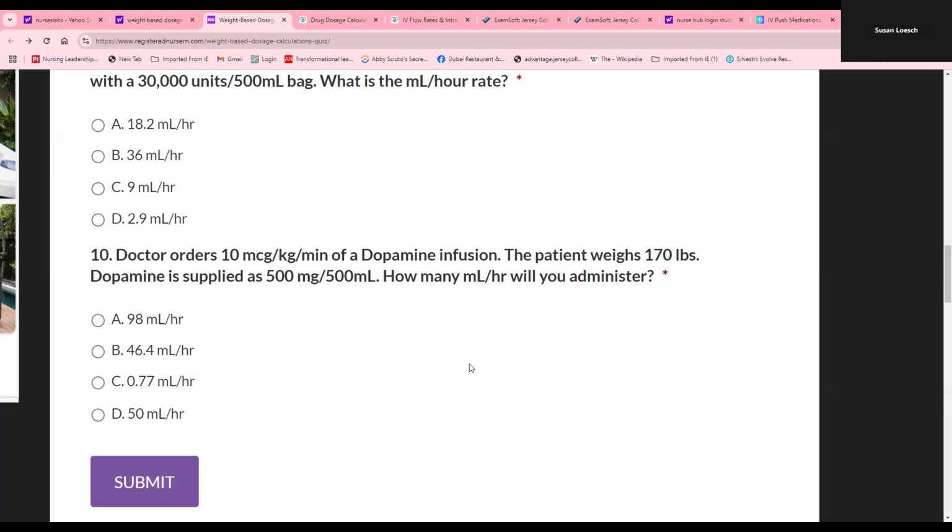Okay, so start with your weight, 170. Your ordered dose is micrograms per minute, so 10 micrograms per kilogram per minute. That's why I do all the steps out there. And what you have on hand is 500 per 500. So let's go back to the steps again.